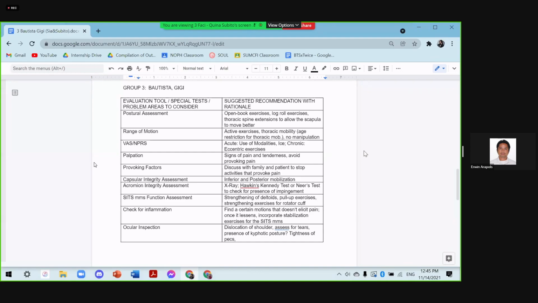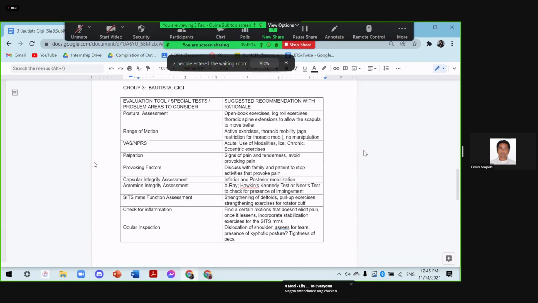First, this is not in a particular order. The first thing that we will do is a postural assessment and a movement analysis. We will check for thoracic kyphosis, forward head posture, and a faulty technique during our swimming activity.